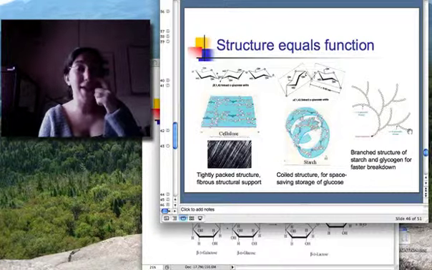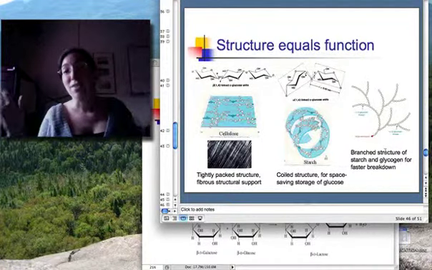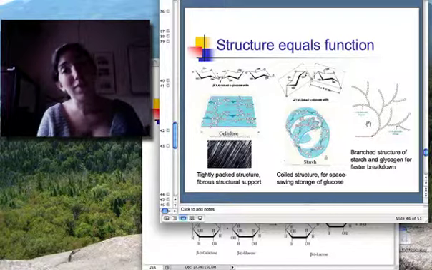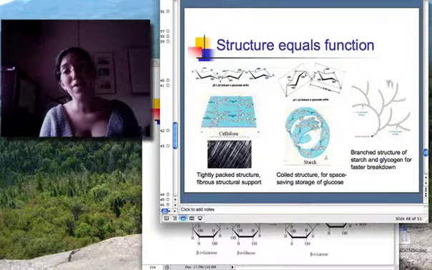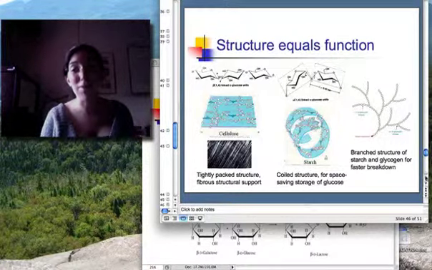So the more ends of the molecule you have, in other words, the more branches that it has, the better you can utilize it and break it down quickly for energy. So this structure is specifically designed to make it faster to break down to get glucose from it.